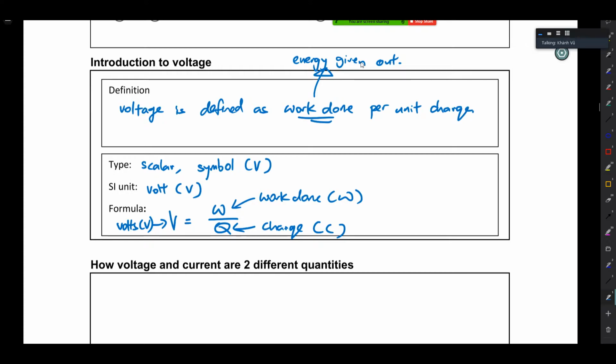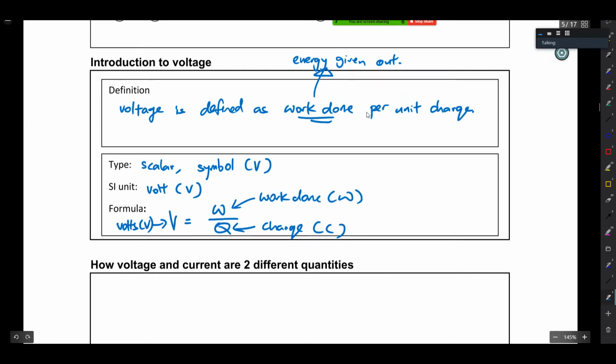If there's a negative, it means something else, maybe a loss. That one we will talk about in 2 chapters later. But it is really a scalar unit.